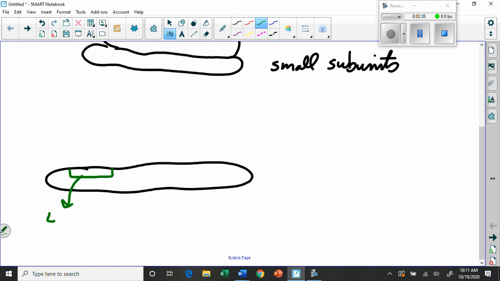This is the place where the messenger RNA is sort of on its way out, okay? We'll talk about it in a second. Then we have the next little spot here. We'll call it the P site. So this is called the E site, exit. This is the P. And then this is the A site, like this.